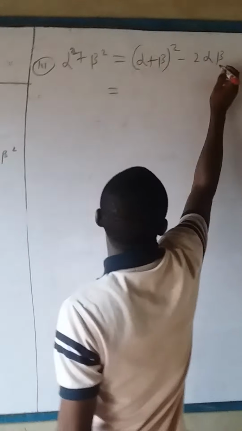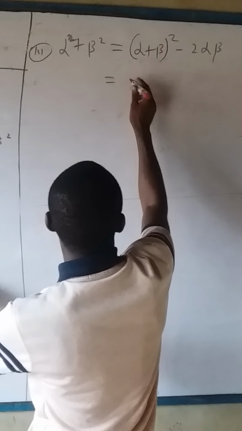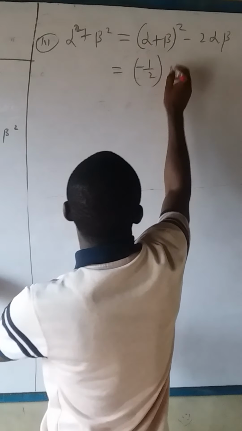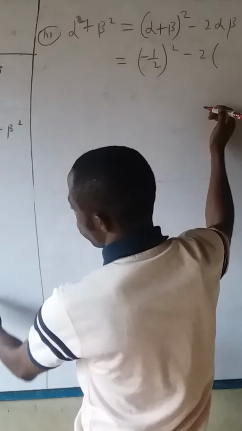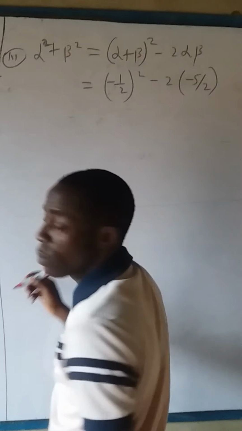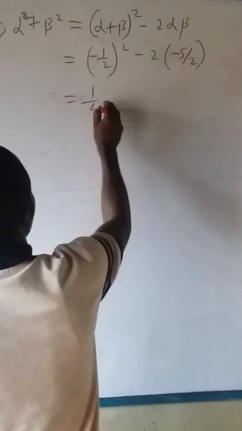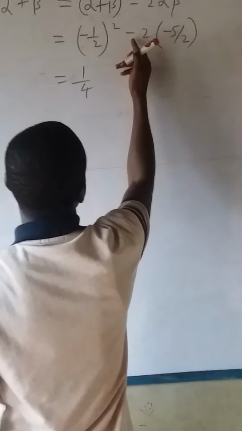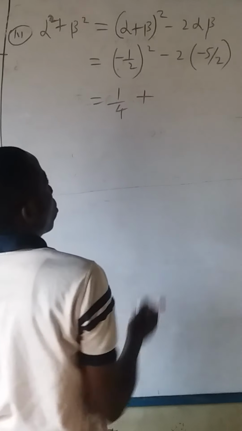So I'm going to have the sum, which is minus half, that is (minus half) squared minus 2 into minus 5 over 2. Then I will have 1 over 4, minus times minus is plus.